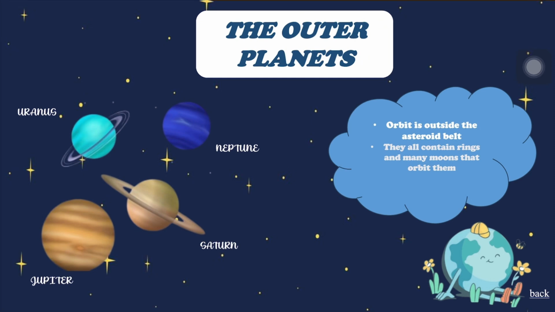These planets are located beyond the asteroid belt and they all have rings as well as multiple moons. The slide highlights this trait using concise text, avoiding redundancy as per the coherence principle. Notice the arrangement of the planets and their labels. This follows the spatial contiguity principle, helping you easily associate the names with their visual.